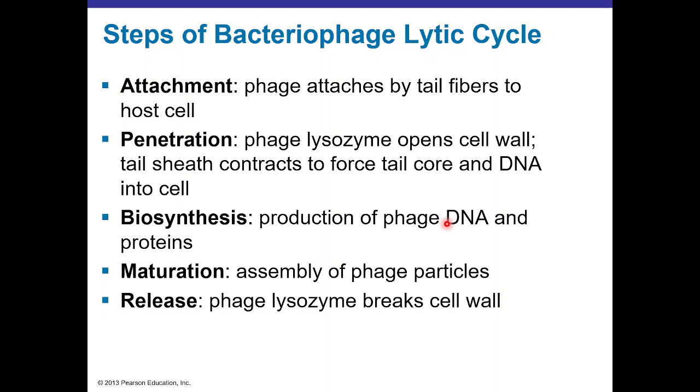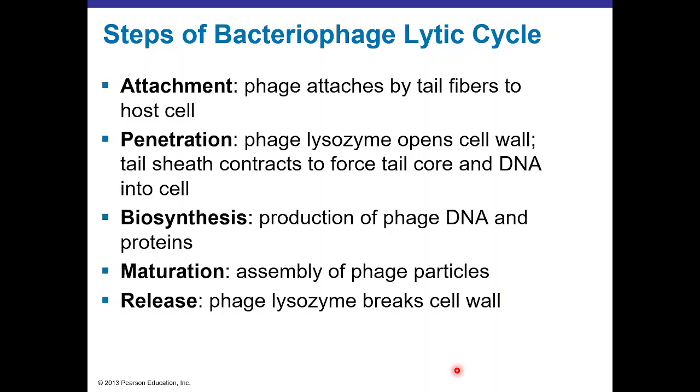Once the DNA is inside the host cell, the virus is going to start forcing the cell to produce the nucleic acid of the virus. So basically, viruses are parasites, and they will also force the cell to make proteins.